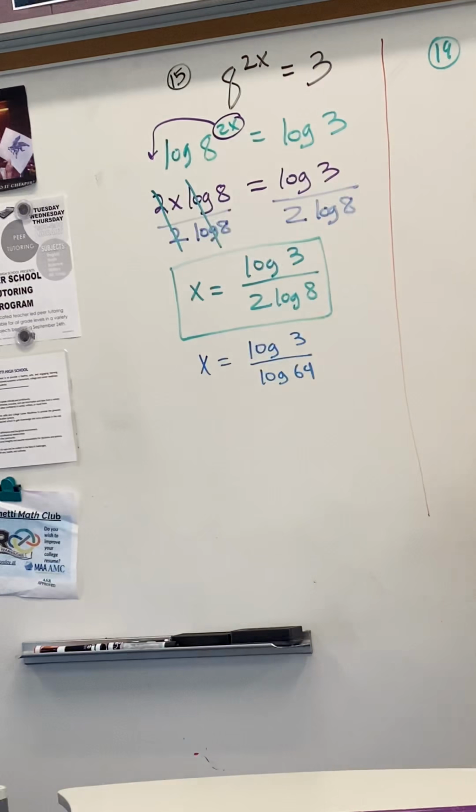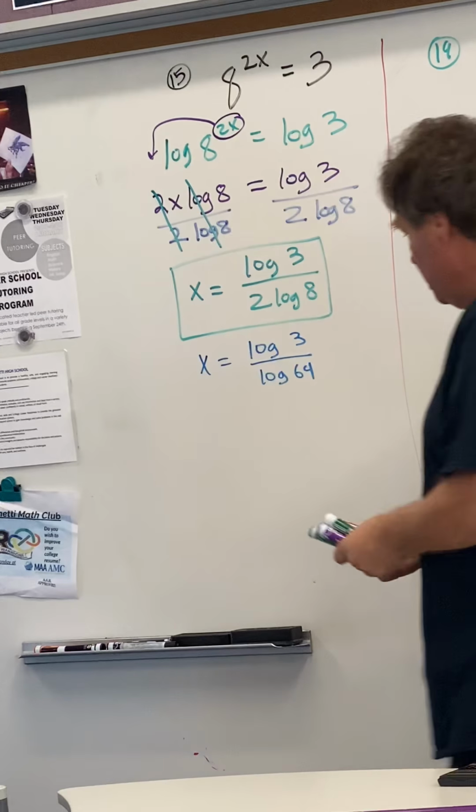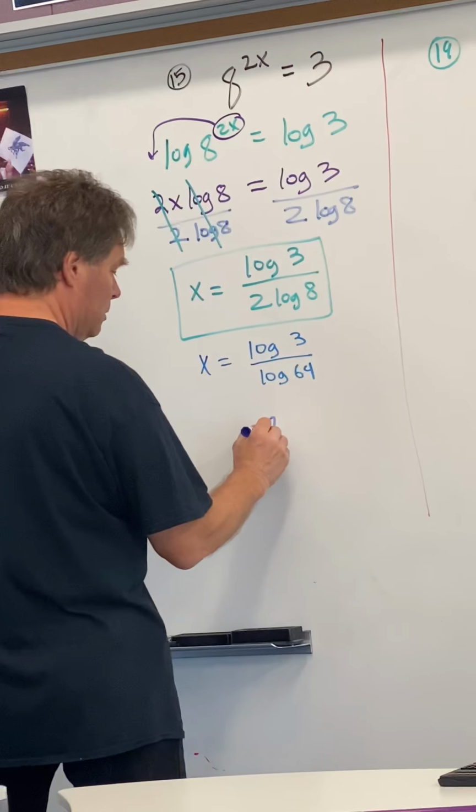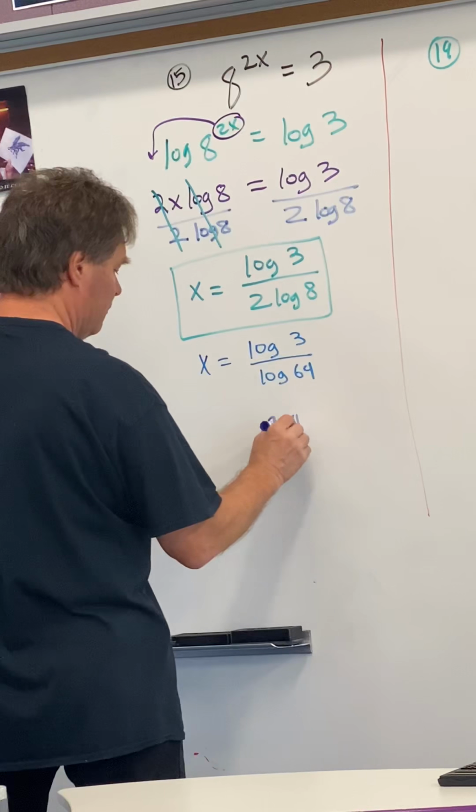Then I'll put it into a calculator I have right here. It will be log 3, so I hit 3 log on this one, divided by 64, hit log, but don't forget to hit equals after that: 0.26416, so about 0.264. So as a decimal, 0.264.